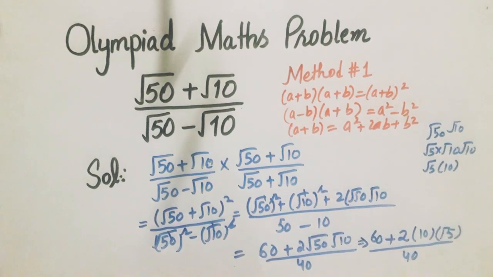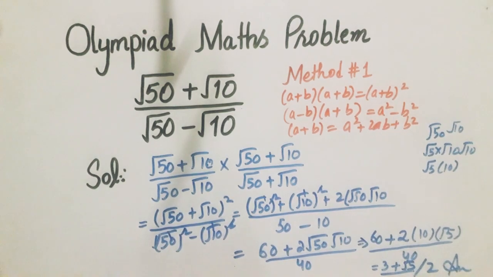Now when we simplify and take 20 as common, we get 3 plus square root 5, divided by 2. So this will be the answer.